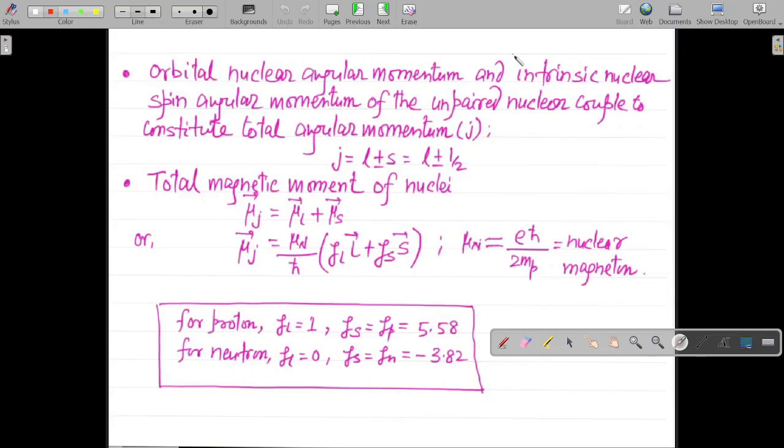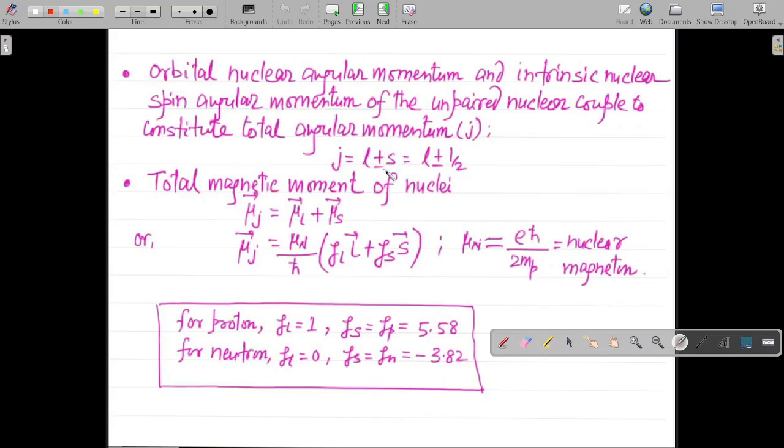The orbital nuclear angular momentum and intrinsic nuclear spin angular momentum of the unpaired nucleon couple to constitute the total angular momentum J. Total angular momentum J equals L plus or minus S. L is orbital nuclear angular momentum, S is intrinsic nuclear spin angular momentum, and J is total angular momentum.